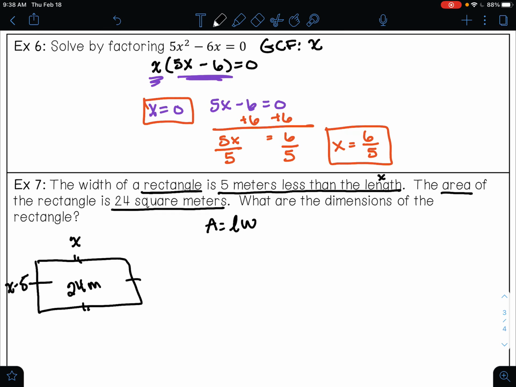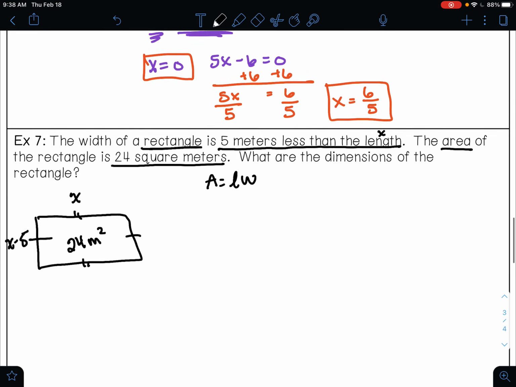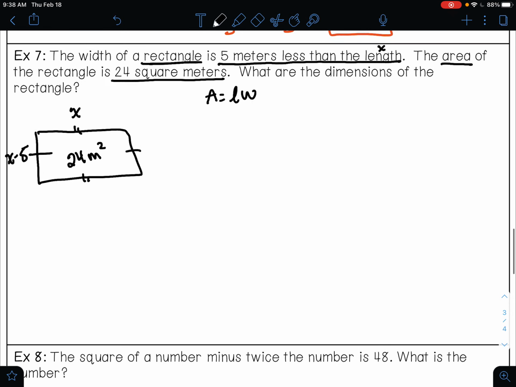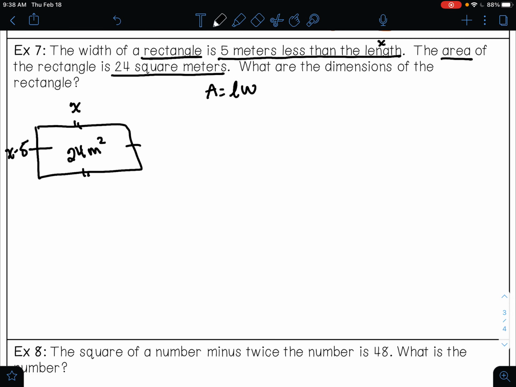All right, so here is my diagram. Let's see if we can figure this out. I know that area is length times width. So that's going to be x times x minus 5. And they tell me that the area is 24 meters squared.